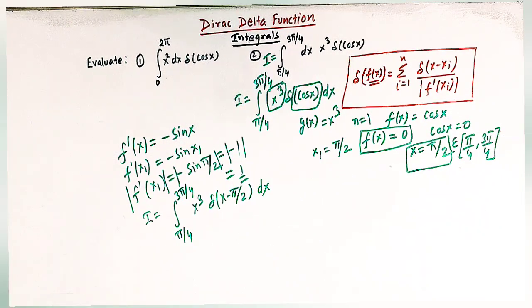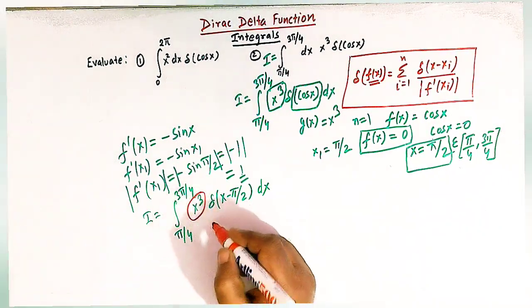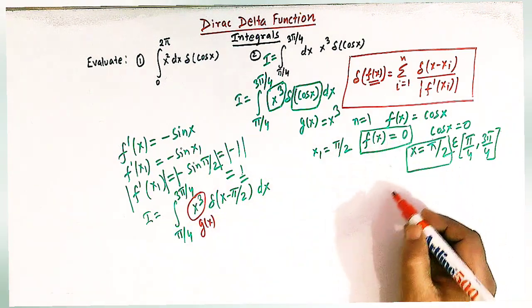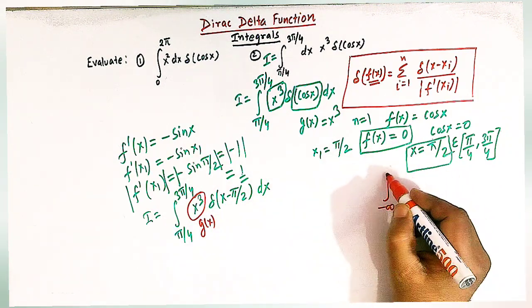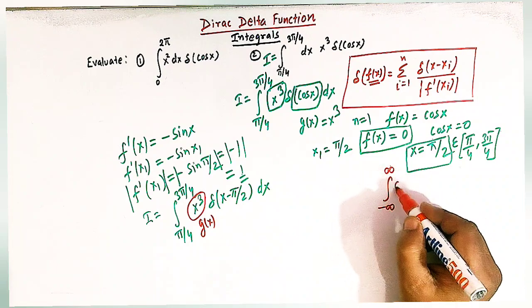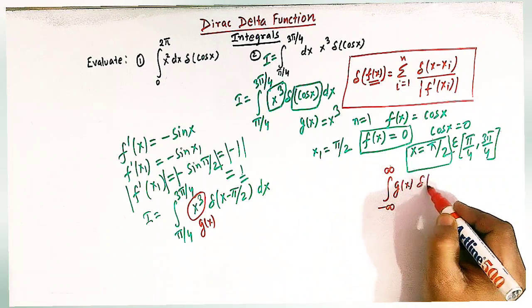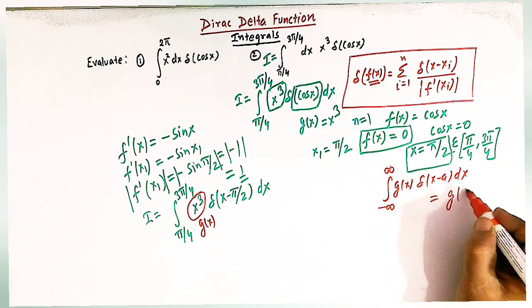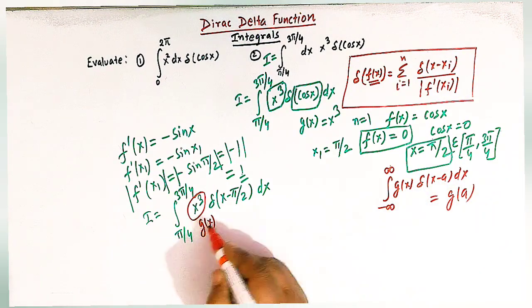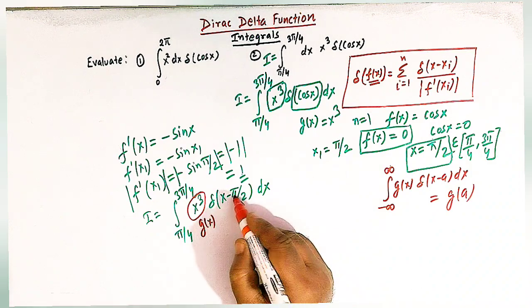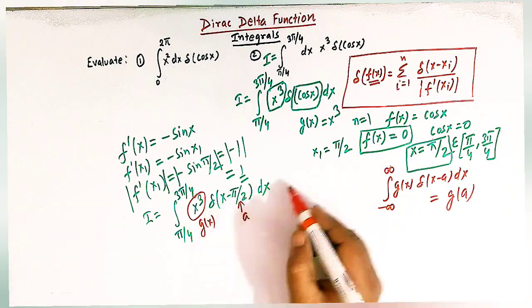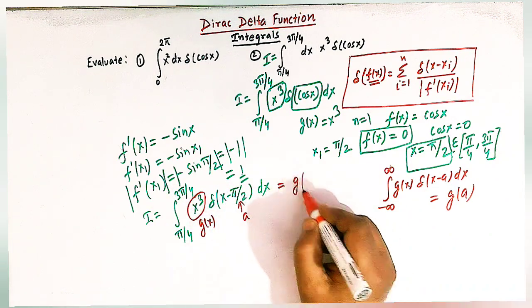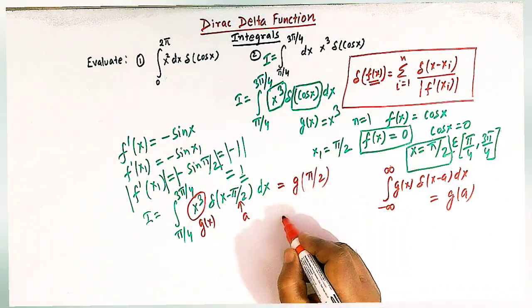Now this function is our g of x. As we have just discussed, the value of the integral from minus infinity to infinity of g of x delta of x minus a dx is given by g of a. Here the value of a is pi by 2, and the value of this integral is equal to g of pi by 2.